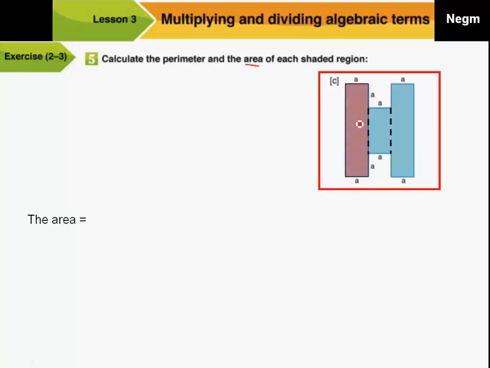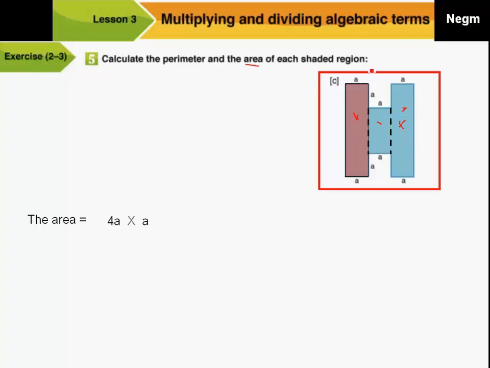The area is the area of this rectangle plus this one plus this one. This rectangle is the same as that one. So we have to calculate the area of only one and multiply it by 2 to give the area of these two rectangles.